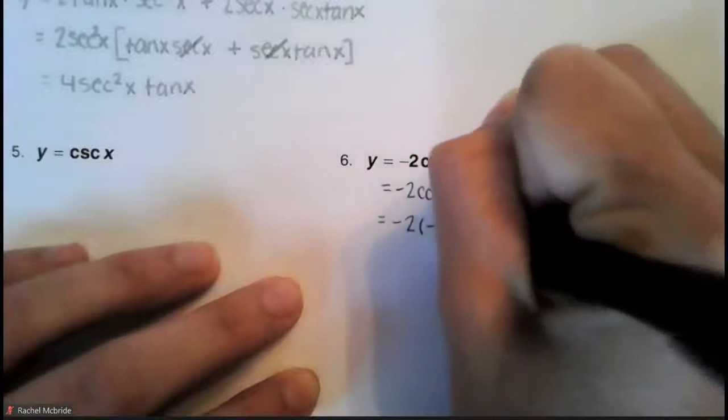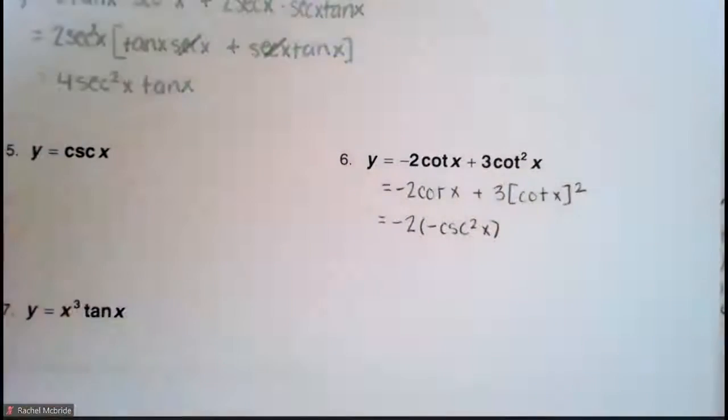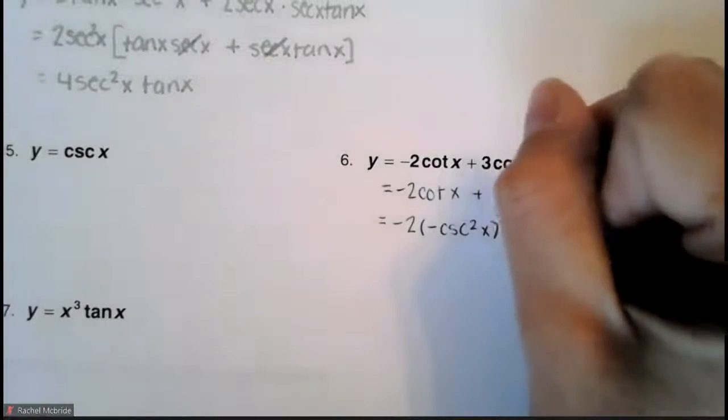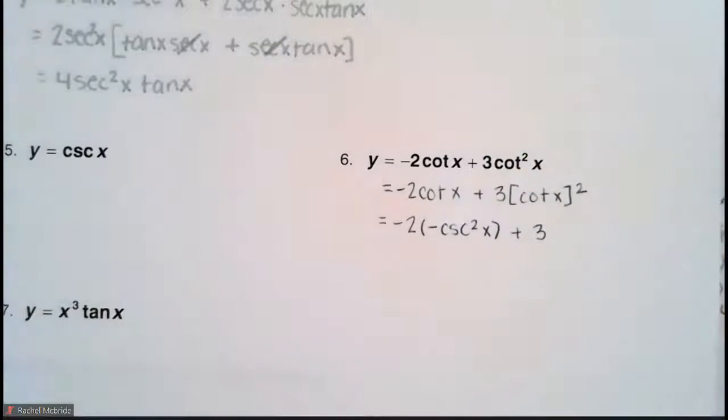Cosecant squared x. The derivative of x is just 1, so that's not a big deal. And then we have plus 3 times the derivative of cotangent squared x, but before you take the derivative of the cotangent, you have to take the derivative of the outside, which is the squared.